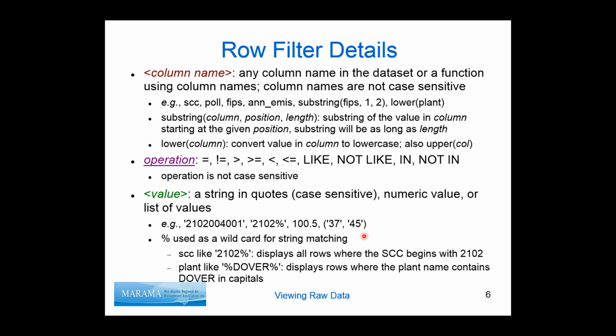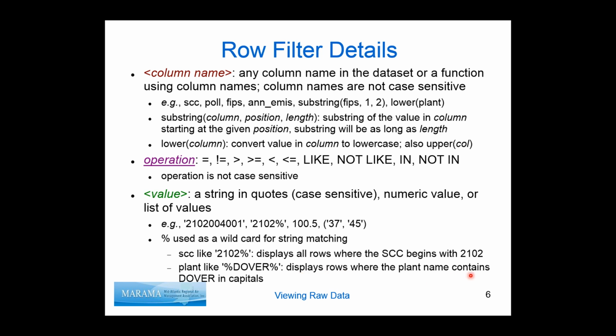So we've talked a little bit about the wildcard character for string matching. This example here, SCC like 2102%, is going to display all the rows where the SCC begins with 2102. Similarly, we could put multiple wildcard characters in. So this says plant like %Dover%.